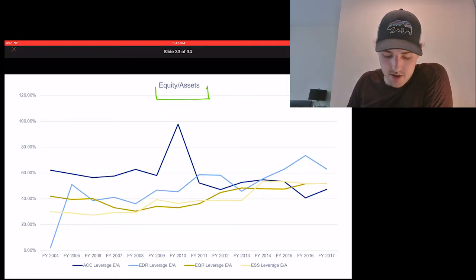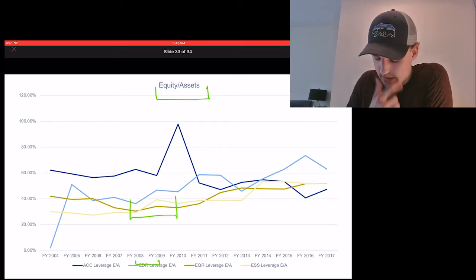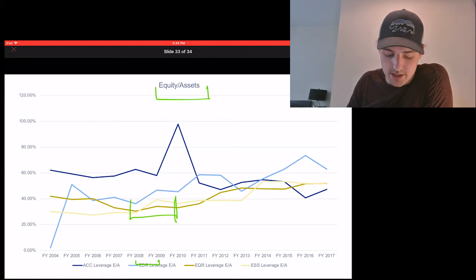And so you can see that from 2008 to 2009, there was actually, as a percentage of total asset base, equity injected, and equity positions in these companies were increased.